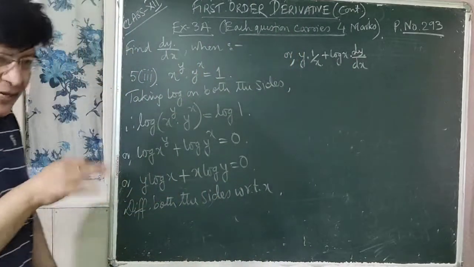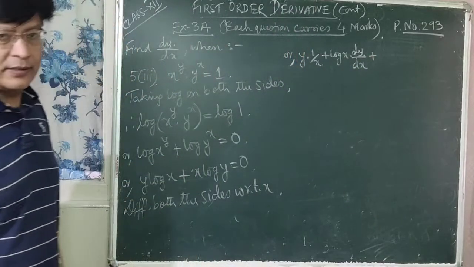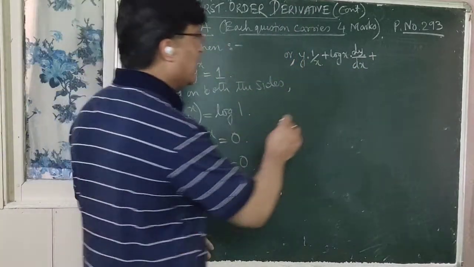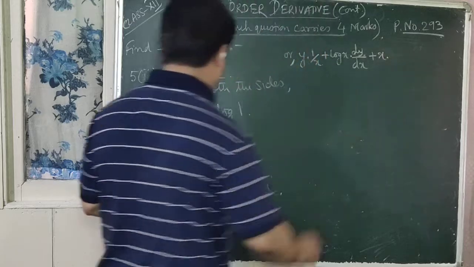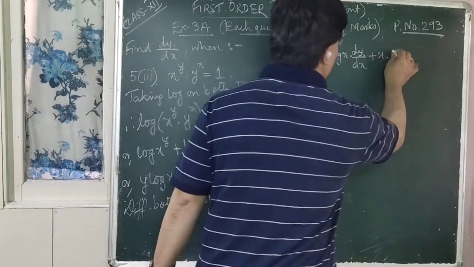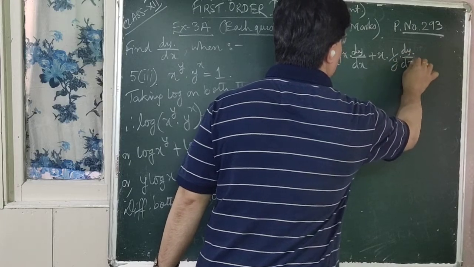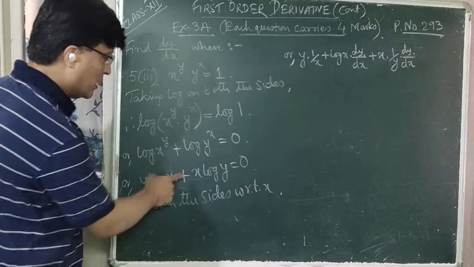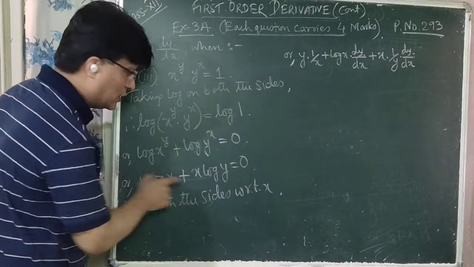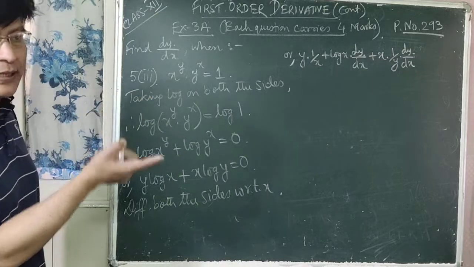Next, plus. Again, x into log y is there. So let us keep x as it is into, what is the differentiation of log y with respect to x? It is 1 upon y, but we are differentiating it with respect to x, so it is 1 upon y into dy by dx.